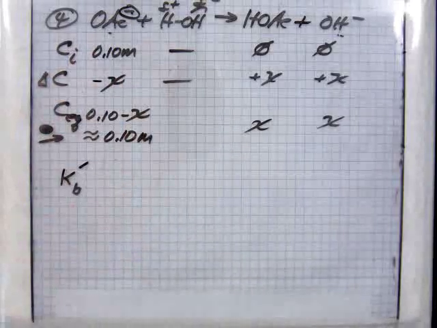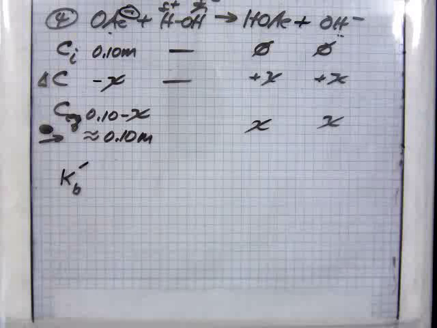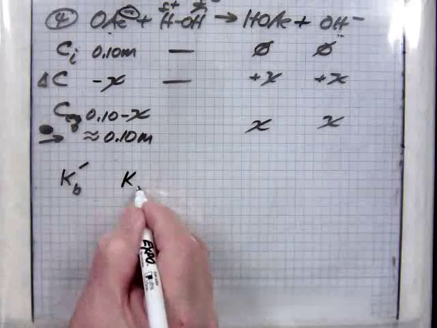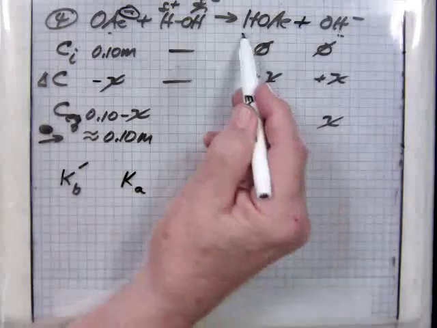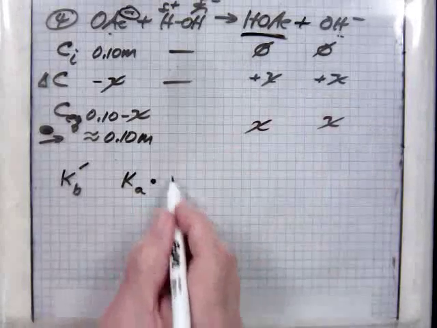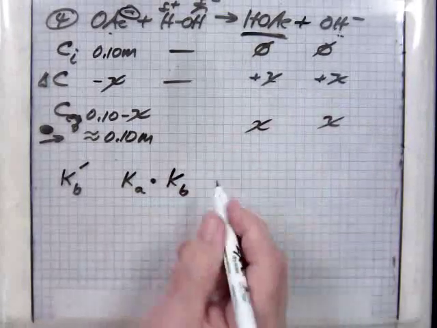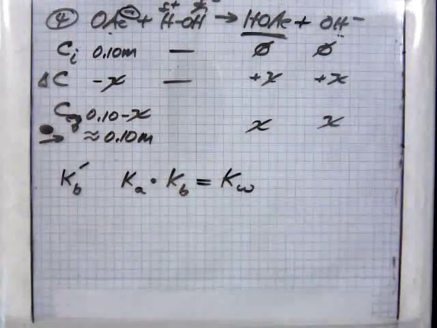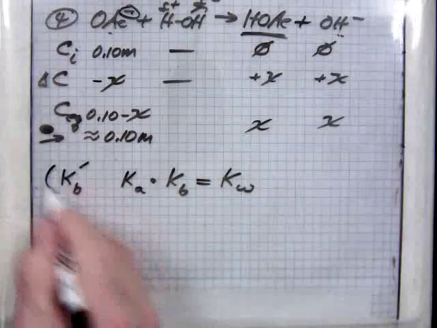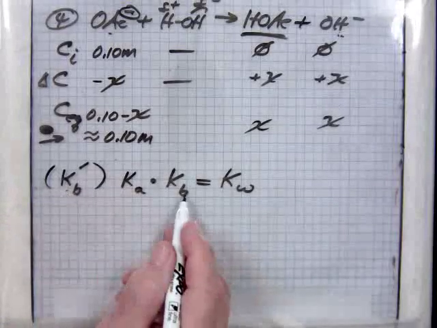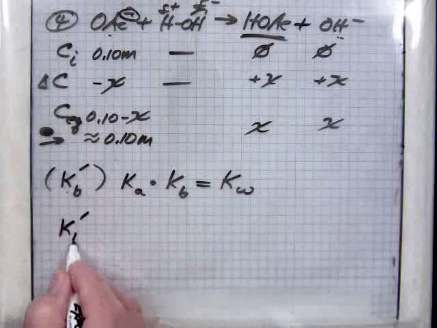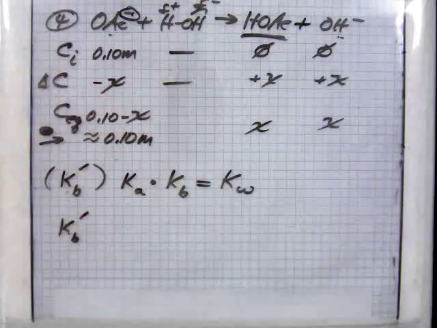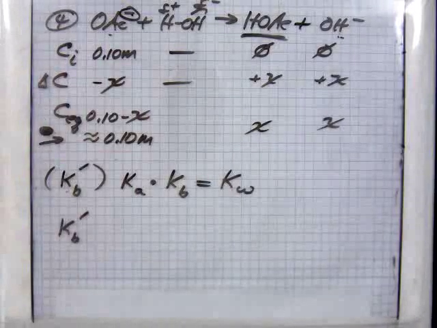Now the thing is, you cannot look up a Kb prime for an anion, but you can calculate it from a simple formula. Ka, whatever the acid is, see we have an acid in here, times Kb prime always gives you the Kw value, 10 to the minus 14. So when we want to calculate the Kb, we solve this for Kb, and I just put a prime up there because it's not the weak bases that you would have in a table.